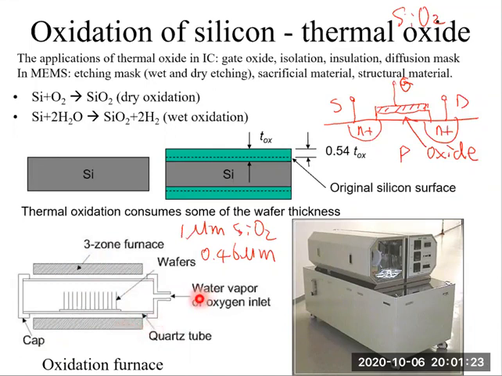And we can inject water vapor or oxygen for either wet oxidation or dry oxidation. We can say this is a fairly simple setup. This picture shows a real thermal oxidation furnace. And this is the inlet of the furnace, and this is a control panel to control the temperature of the furnace.